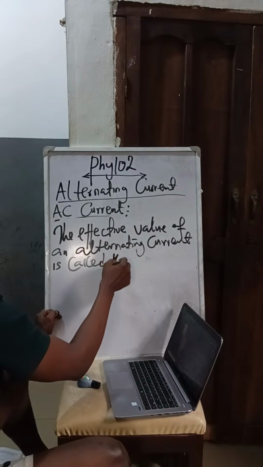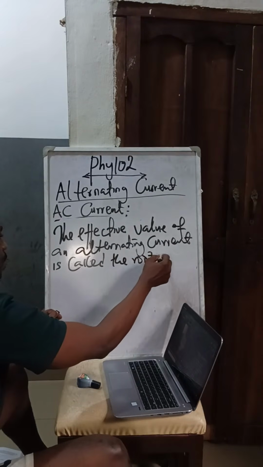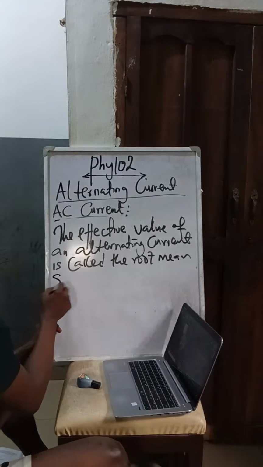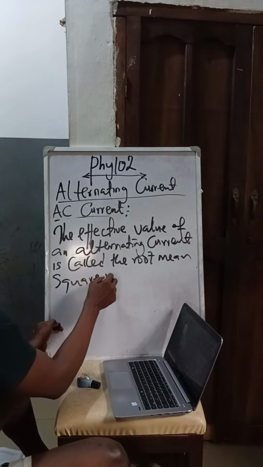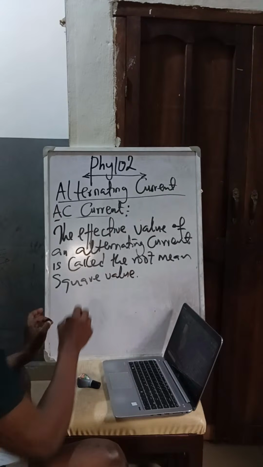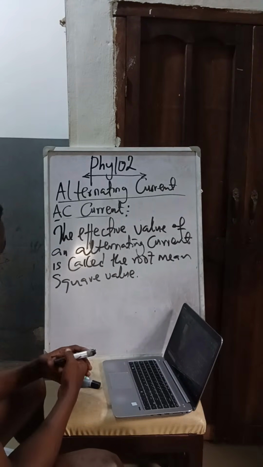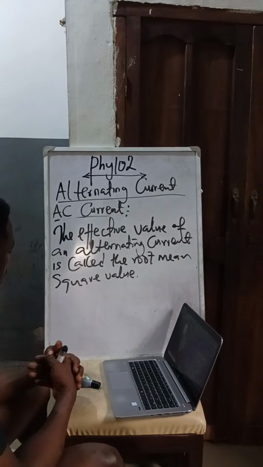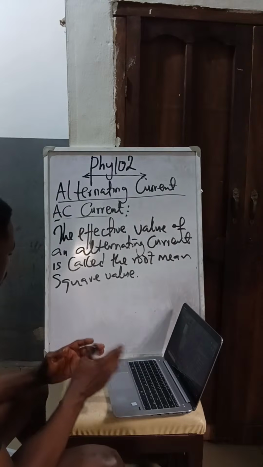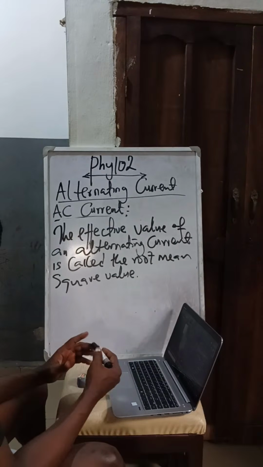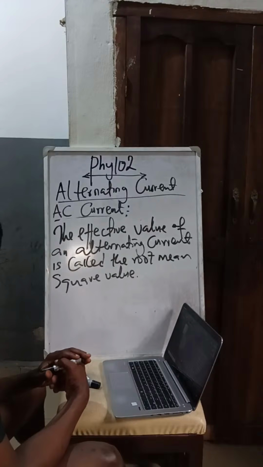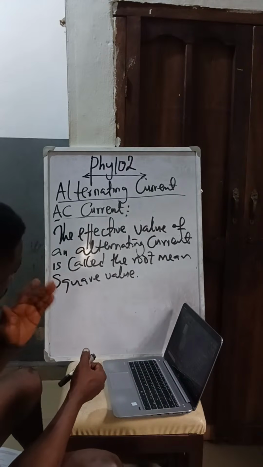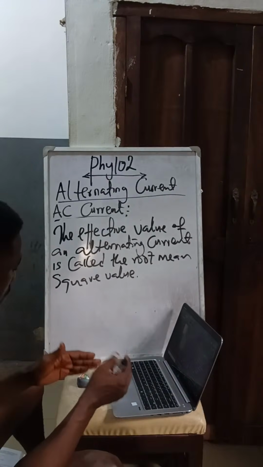It's also called the root mean square value. So when we talk about the effective value of an alternating current, you're still talking about the root mean square value. Okay. So you have known that the effective value is the same as the root mean square value.